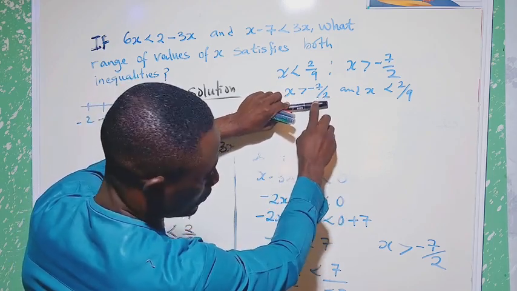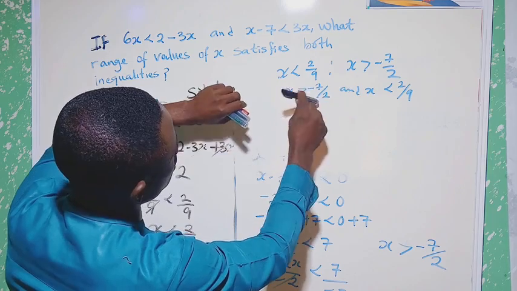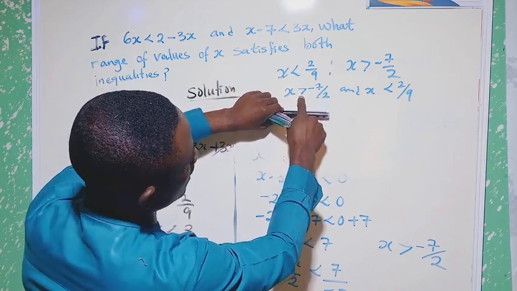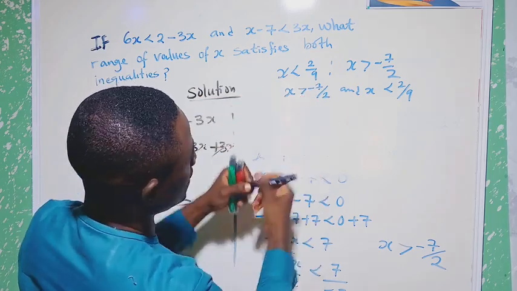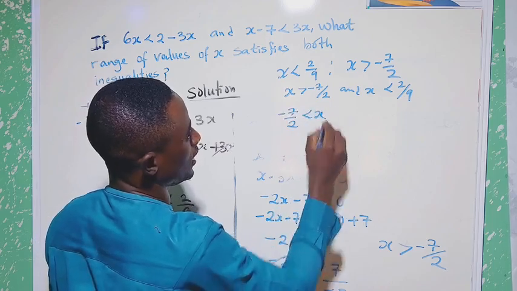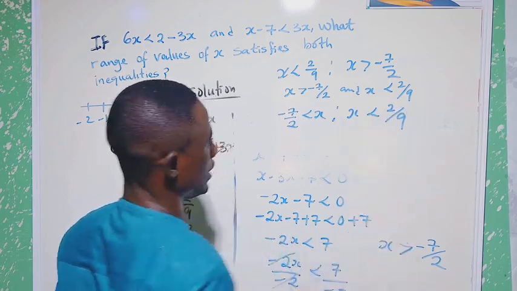The way it is now, if I turn it this way, that means x comes to this side, minus 7 over 2 comes to this side, and this greater than will change to what? Less than. Let's write it as minus 7 over 2 less than x, and we have x less than 2 over 9.